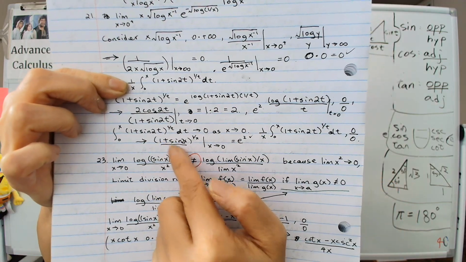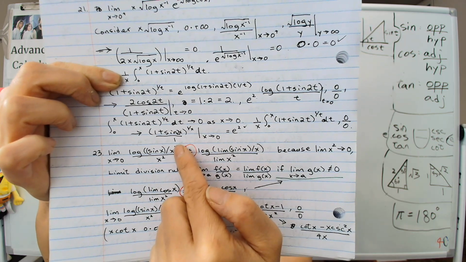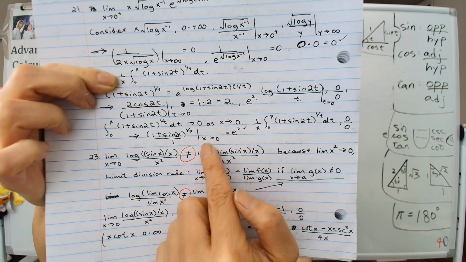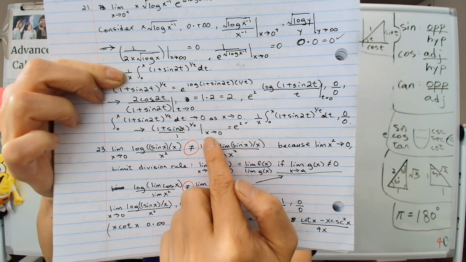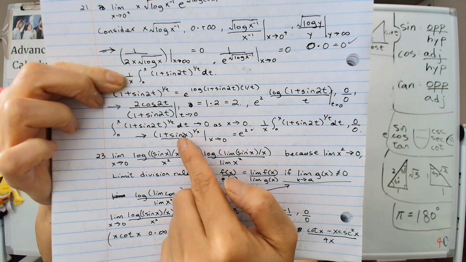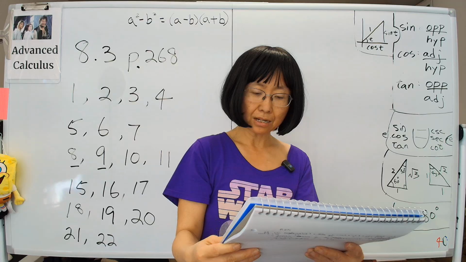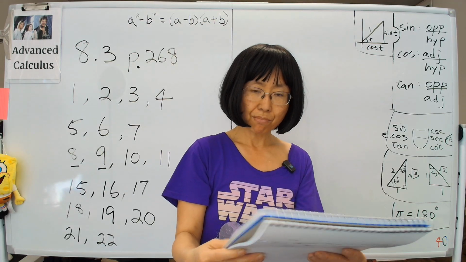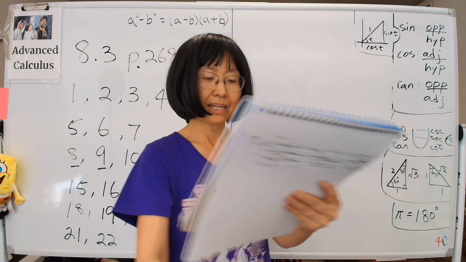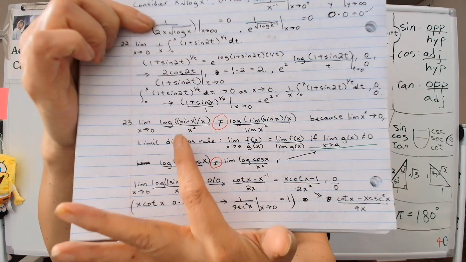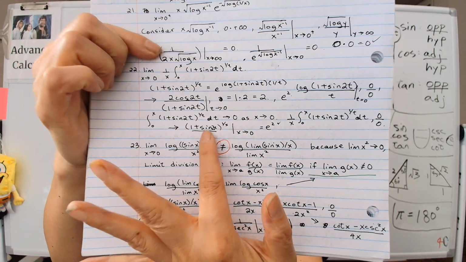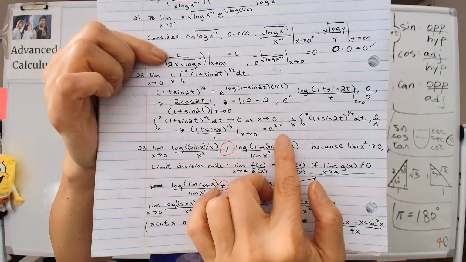It becomes that thing right here, divided by just 1, as x goes to 0, and that is equal to something. Let me think. This thing equals e squared. How do we know this?